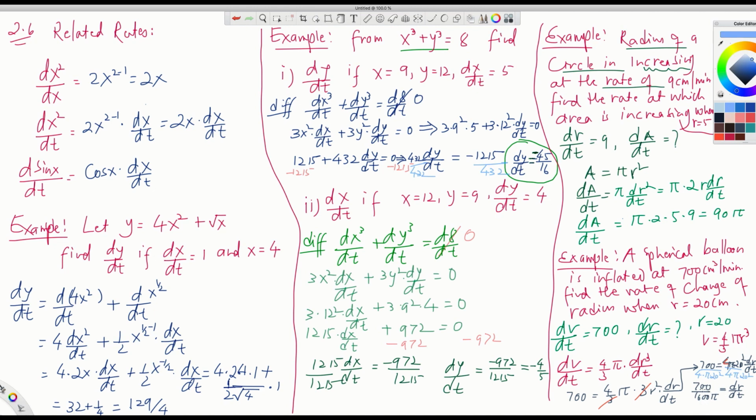That 2 zeros and 2 zeros will cancel out. So dr over dt is 7 over 16 pi, which is the final answer for this problem. The rate of change of the radius is 7 over 16 pi. So the next thing we do is a couple more examples. Okay guys.